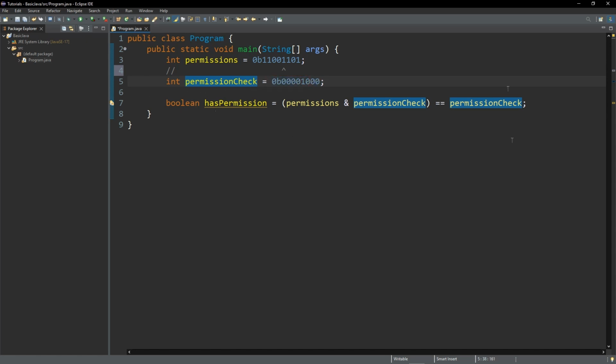So now this is where it gets a little more complicated. We check if this AND this is equal to this. So this is 0, this is 0, this is 0, this is 0, because these are all zeros.